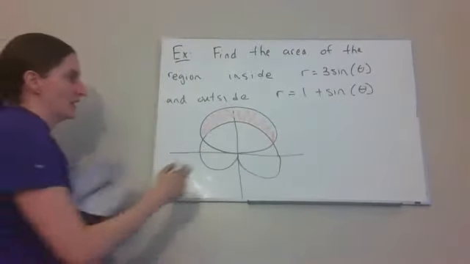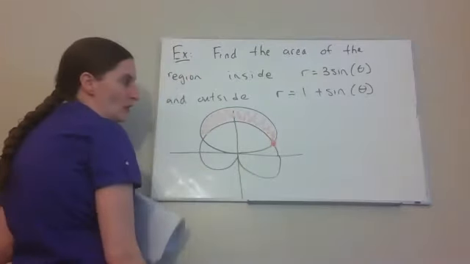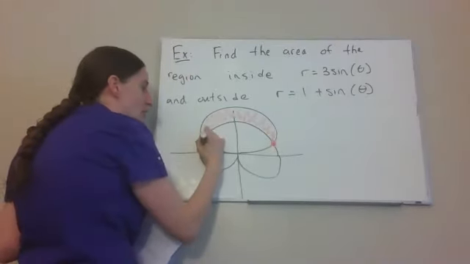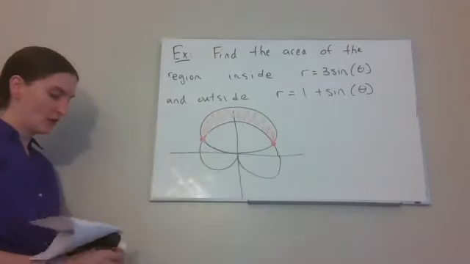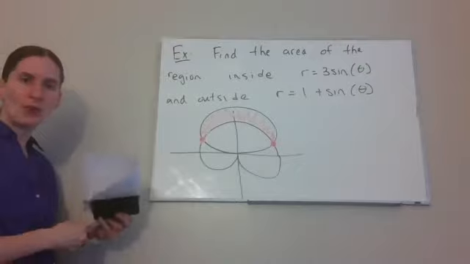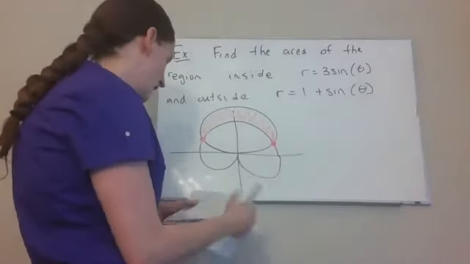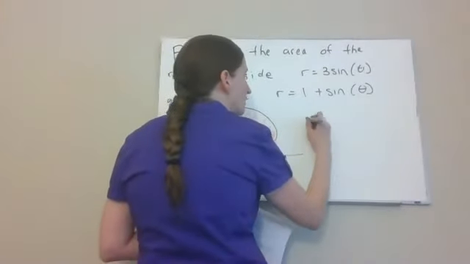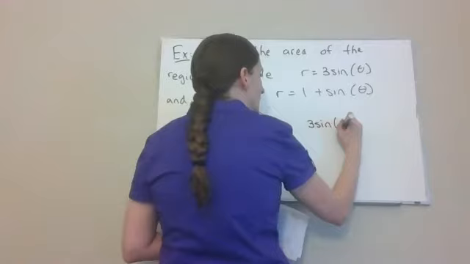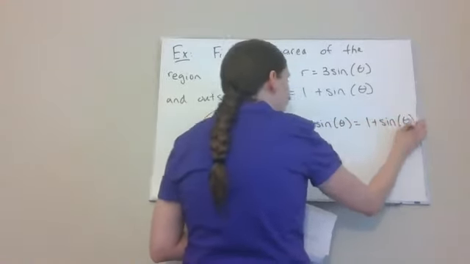So I'm going to need to integrate from whatever angle this is, where the two curves intersect each other, to whatever angle this is, where the two curves intersect each other. So the first thing we should do is figure out those points of intersection so that we can set up our integral. To find the points of intersection, set the two equations equal to each other. And then solve it for theta.